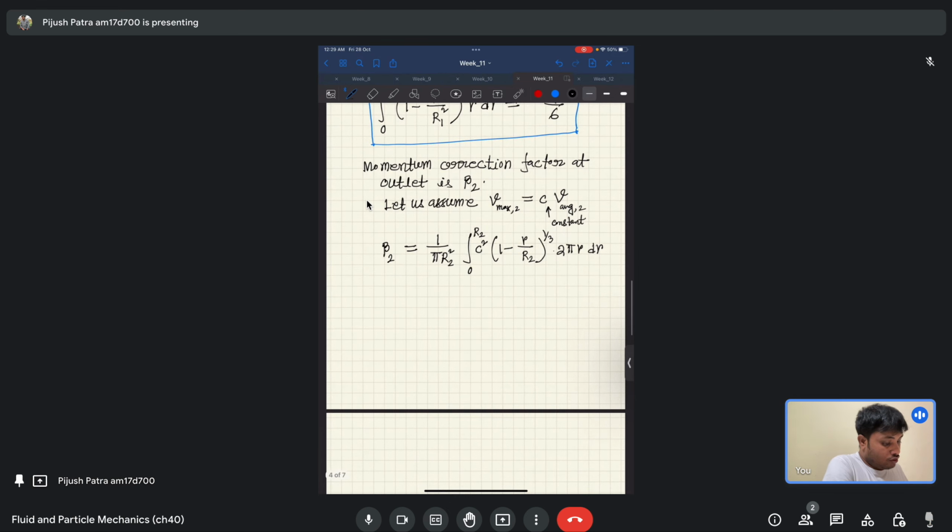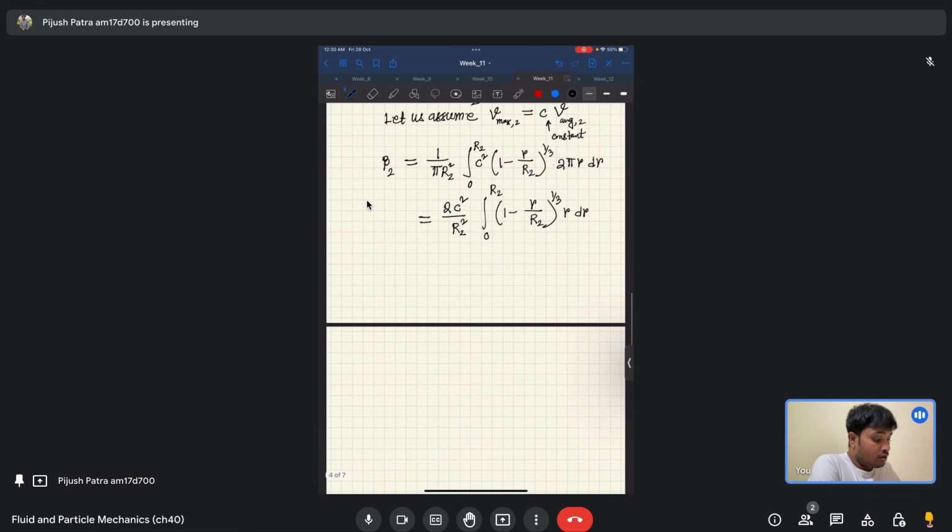Okay, so again, it is 2 pi, so 2c square by R2 square into integration 0 to R2 of 1 minus small r by capital R2 the whole to the power 1/3 into r dr. Okay, that should be the correct integral. Fine.